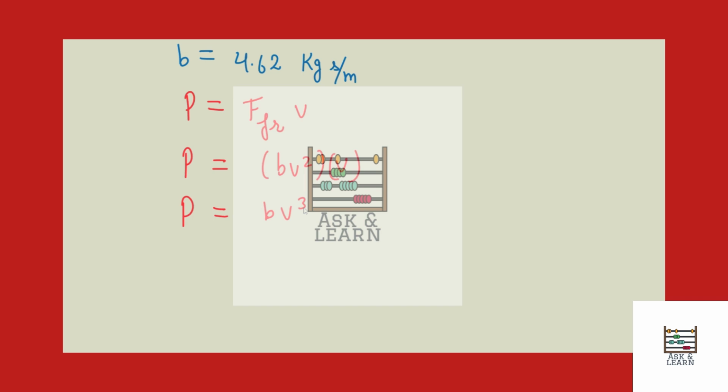Now here on substituting the value, we get P equals 4.62 multiplied by 8.89 to the power 3. So we get P equals 3245.99 watt.